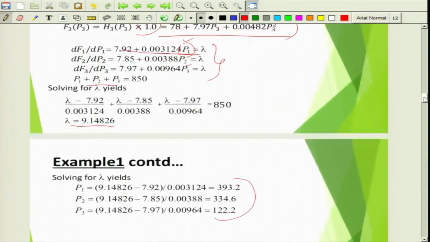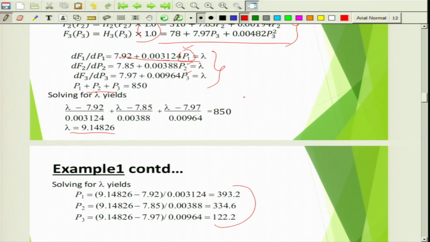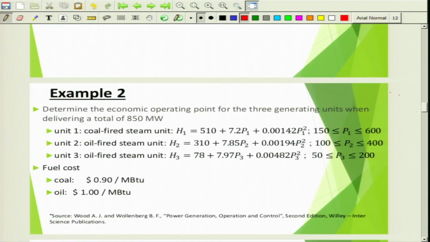That means in order to operate this thermal power plant, the combination of the thermal power plant fired by coal as well as oils, what is the most economical combination of generations? For generator 1 it is 393.2, for the second generator it is 334.6, for the third generator it is 122.2 megawatts.